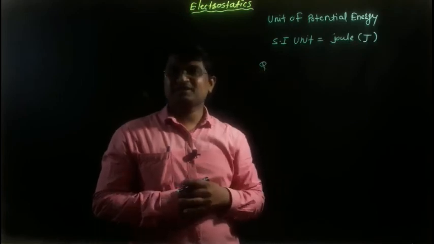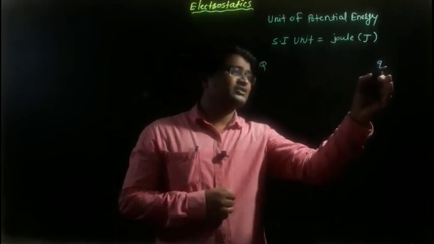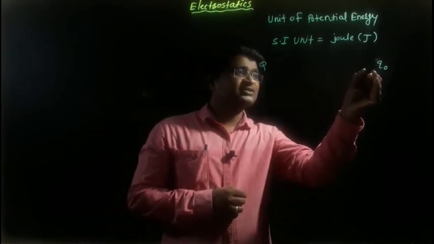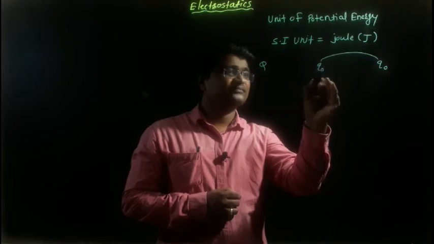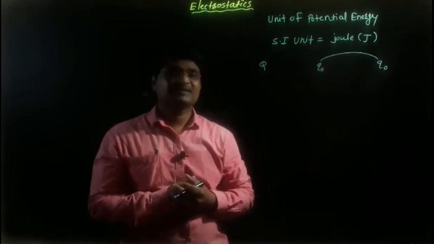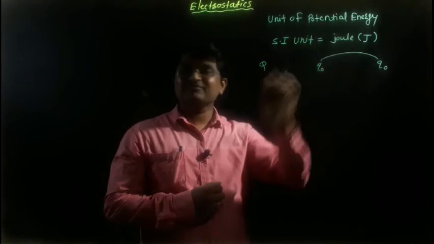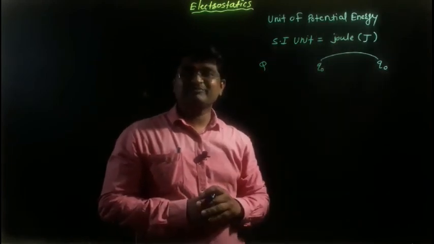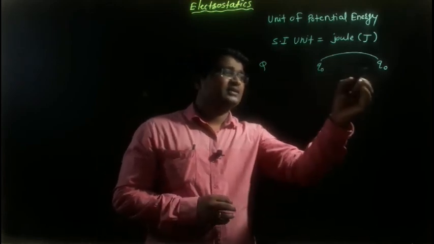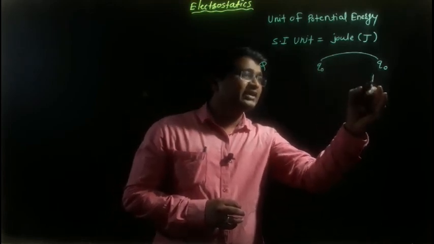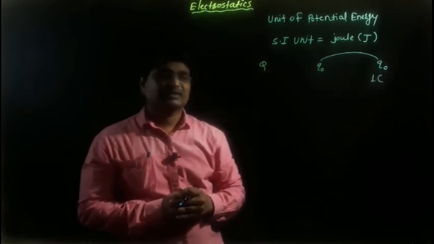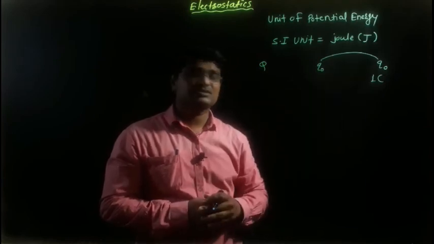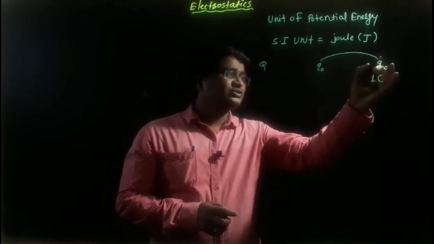But let's see. Imagine that this is charge q, and the unit positive charge will be here. See here, when this unit positive charge moves and reaches here, work has to be done, and this work done is stored in the form of potential energy. This moving charge has a charge of 1 coulomb, and it comes to rest here because this is a unit positive charge.